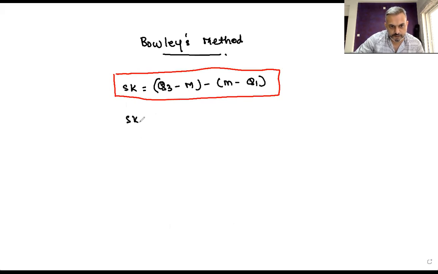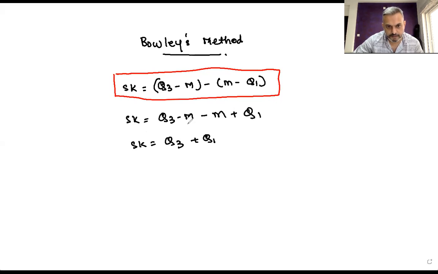So if I solve it, skewness will be what? If I open the bracket, minus M, this minus minus becomes plus Q1. So skewness will be equal to Q3 plus Q1 and minus M minus M. This minus M minus M is minus 2M.